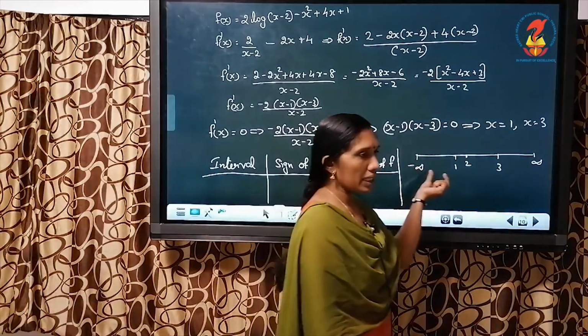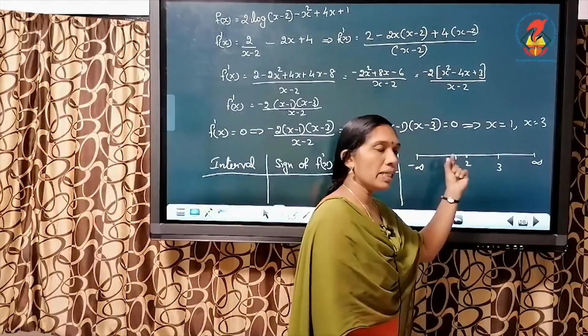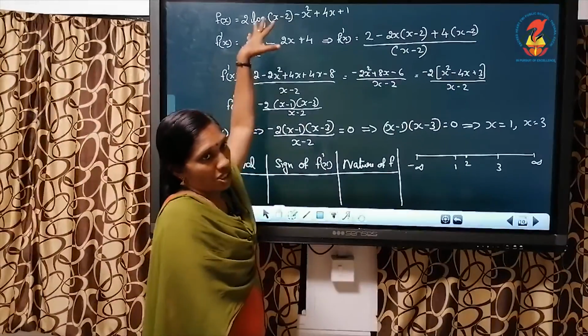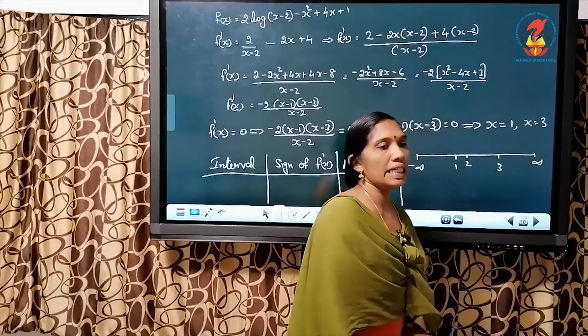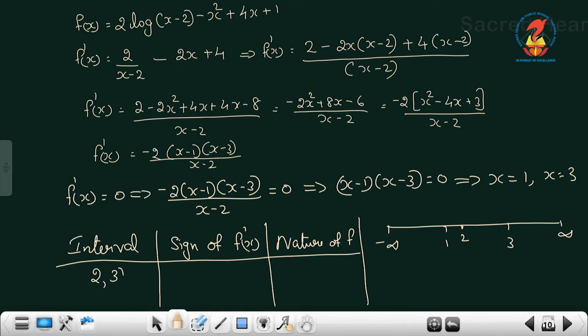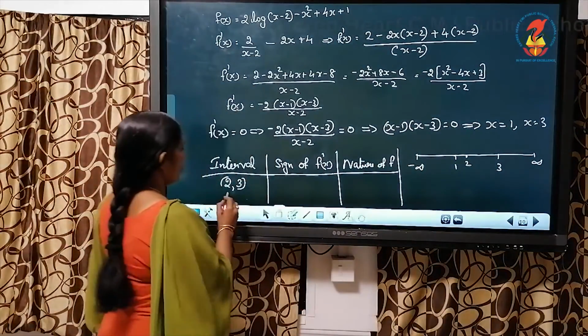We can't take minus infinity to 1, and we can't take 1 to 2, but 2 to 3 is possible. So always you have to check the domain of the function, then only write the intervals. So here, starting with 2 to 3, since 3 is a point, then the next interval is 3 to infinity.